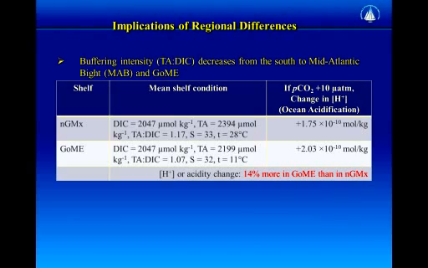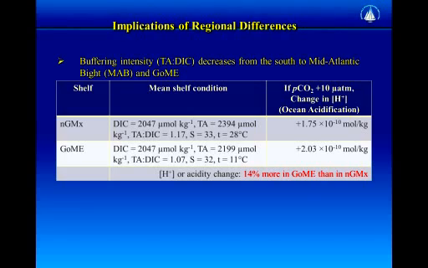If you have the mean conditions of seawater in the northern Gulf of Mexico, which is listed in the table, and then you increase the pCO2 in the water, assuming that's the case of ocean acidification, that will lower the seawater pH, or increase the acidity of seawater, by this much on the right side of the screen in the first row or second row of the table.